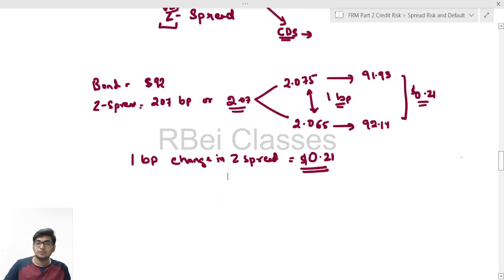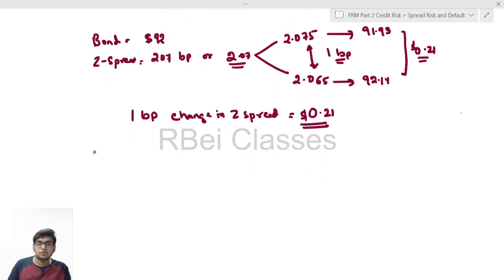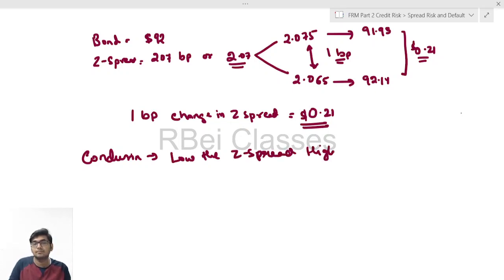So, conclusion: the lower the Z spread, the higher the spread 01. Why? Because over here you see the spread was 2.07 and now it will become 2.075, a very minute change.